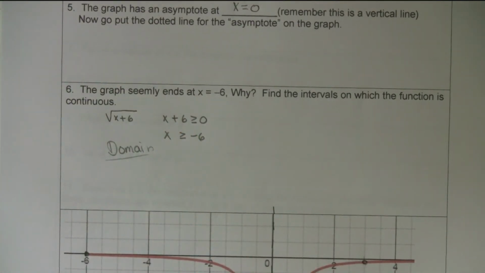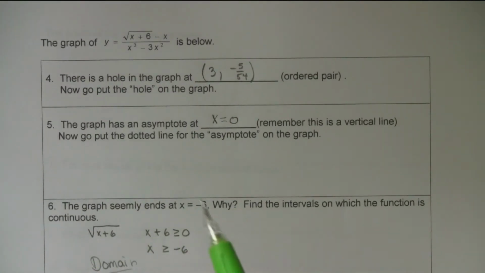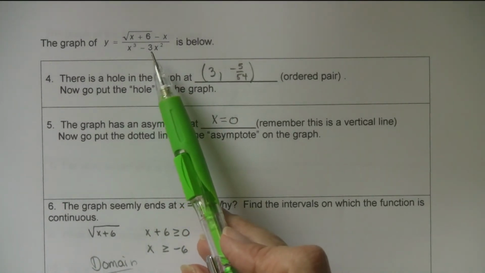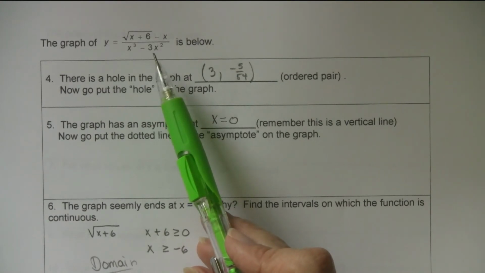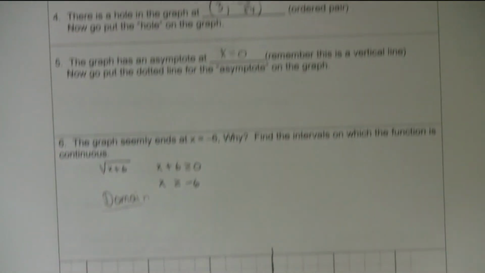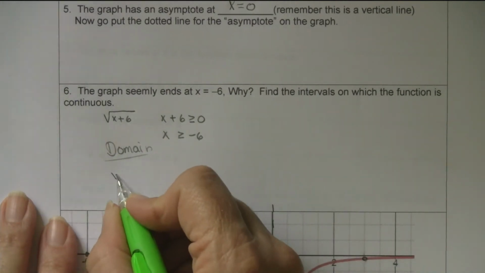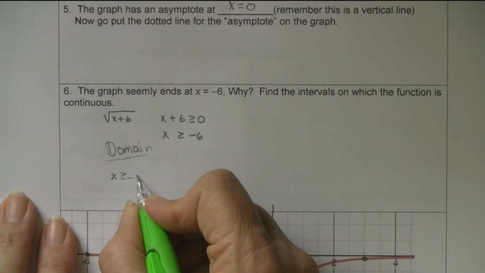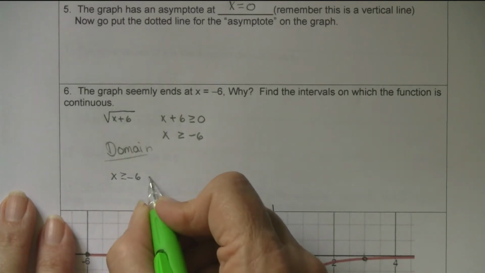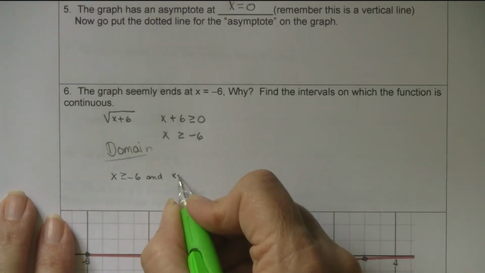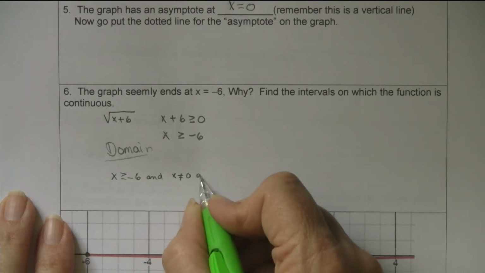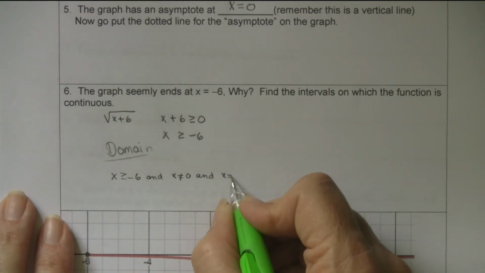Now, it's not all the way my domain, because I haven't taken into consideration some things that I should throw out as well. Do you guys know what I should be throwing out from the domain? X would not be okay to be 0, and x would not be okay to be 3. Do you guys remember that? And so if I wanted to state my domain, it's going to be that x has to be greater than or equal to negative 6, and x cannot be 0, and x cannot be 3.